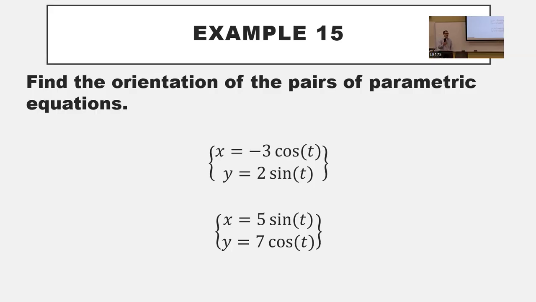I'm going to graph that on my calculator because it actually turns out that the TI-84 calculator is a little bit easier to figure out orientation than Desmos is. At least to me it is. So on the graphing calculator, let's graph that. -3 times cosine of t as the x. 2 times sine of t as the y.